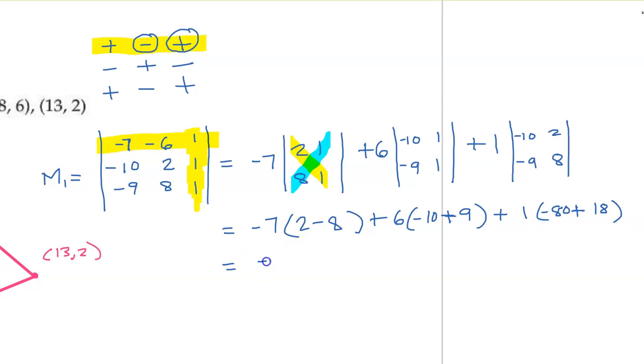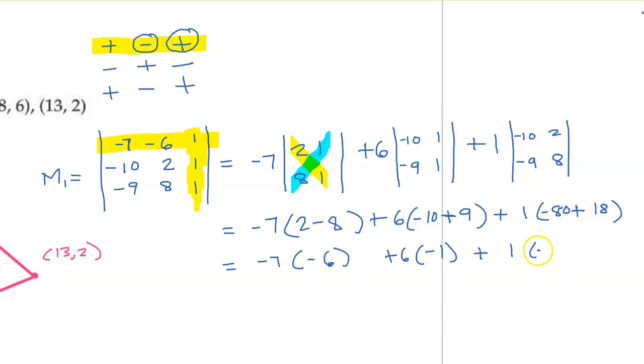Let's keep going. So I will have -7. All right, so 2 minus 8 is going to be -6. Then I will have 6 times, and then -10 plus 9 is -1. All right, and then I have 1 times -80 plus 18.